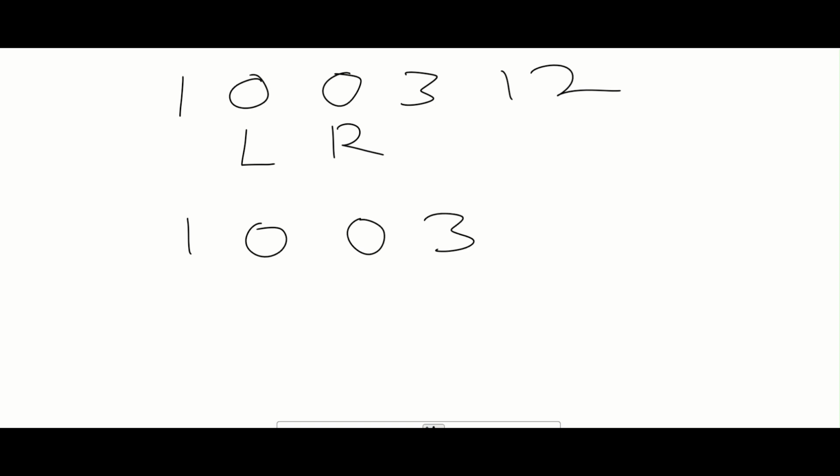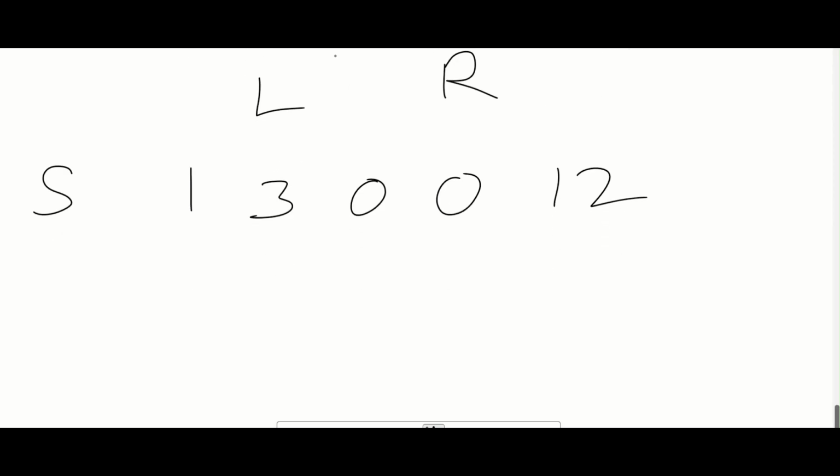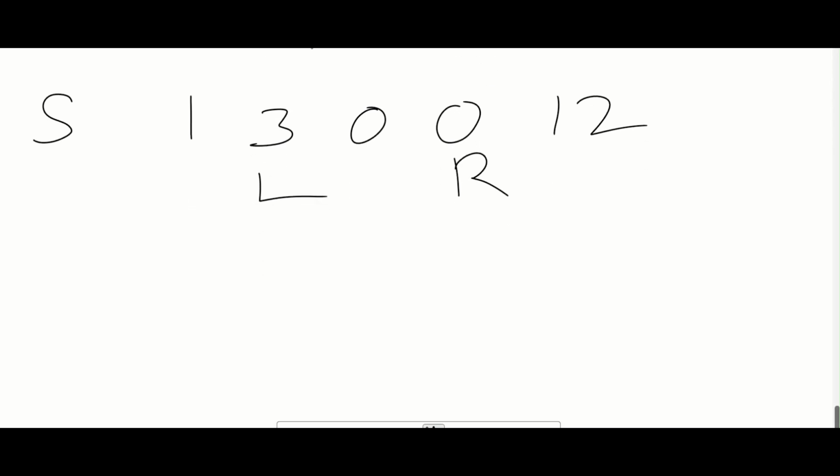Again we move, left is here, right goes to the fourth position. Now 3 is a non-zero value, so we swap. So here's the swap operation: 1, 3, 0, 0, 12. Then we move the left and the right. Left goes to this position, right comes here.